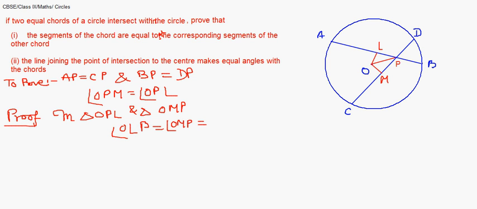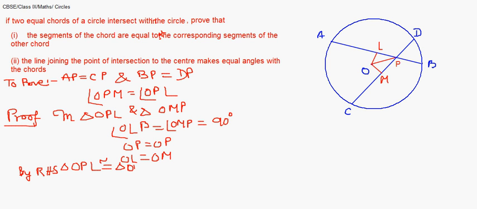They both have been drawn perpendicular, so they are both 90 degrees. OP is visibly common in both of them, and OL will also be equal to OM. They are equidistant from the center. Equal chords, right? So by RHS, we can prove the congruency of triangle OPL with triangle OMP.